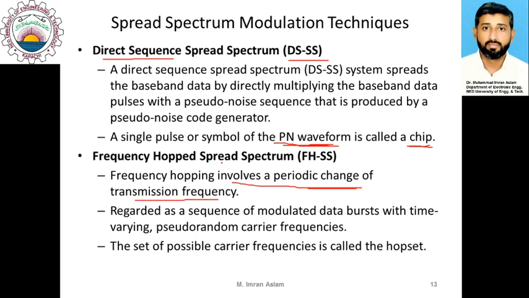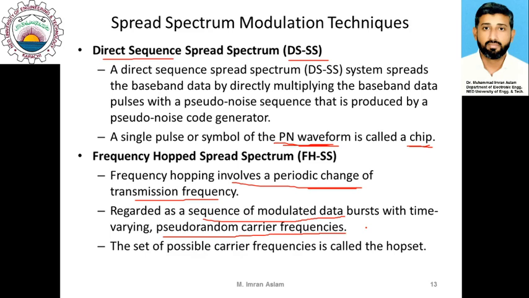So this frequency hopped or FHSS technique can be regarded as a sequence of modulated data bursts with time varying pseudo random carrier frequencies. So instead of having a random sequence, we have different random carrier frequencies, and those frequencies are used to modulate the data in order to have a broadband or wideband signal.